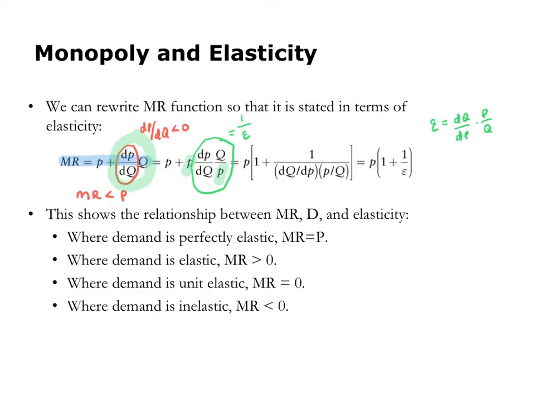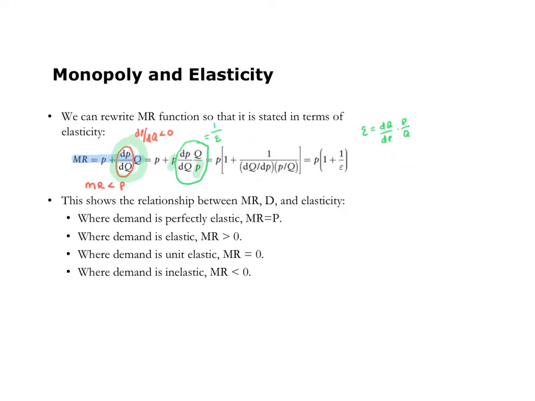With elasticity added to the equation, we can now better understand the relationship between marginal revenue and elasticity. One way to understand this relationship is to simply plug values for elasticity into the equation to see what that implies about marginal revenue. For example, consider where demand is perfectly elastic.